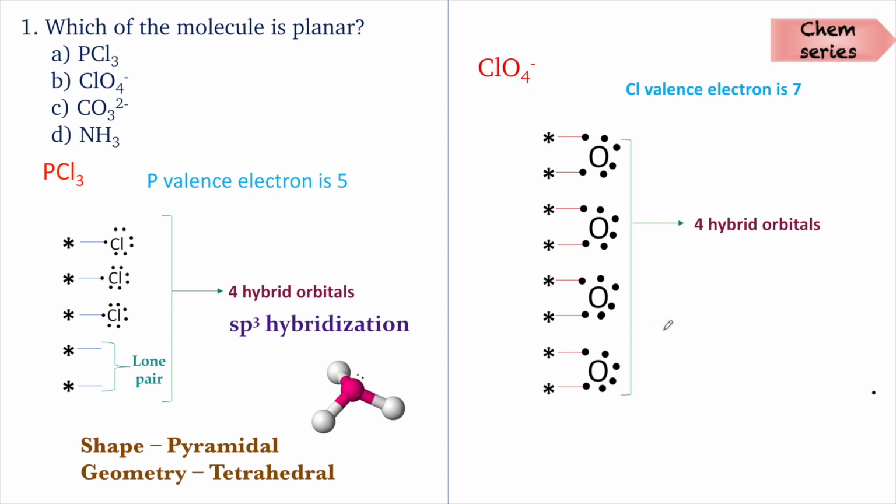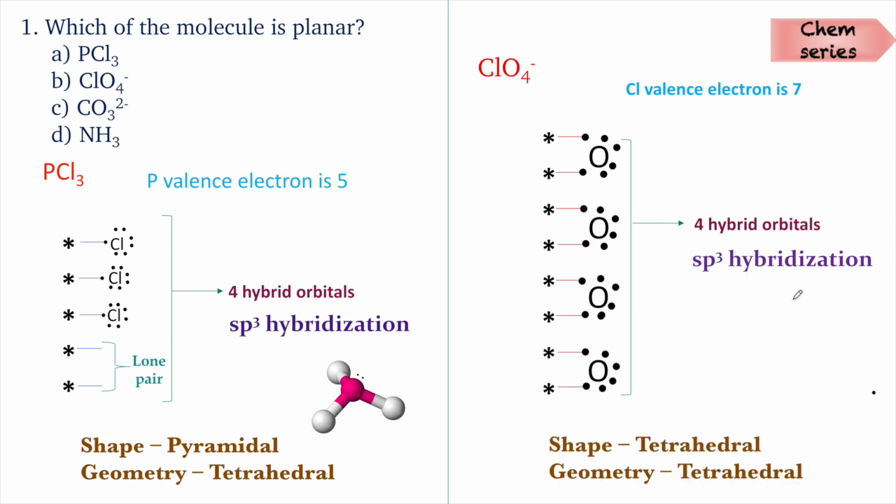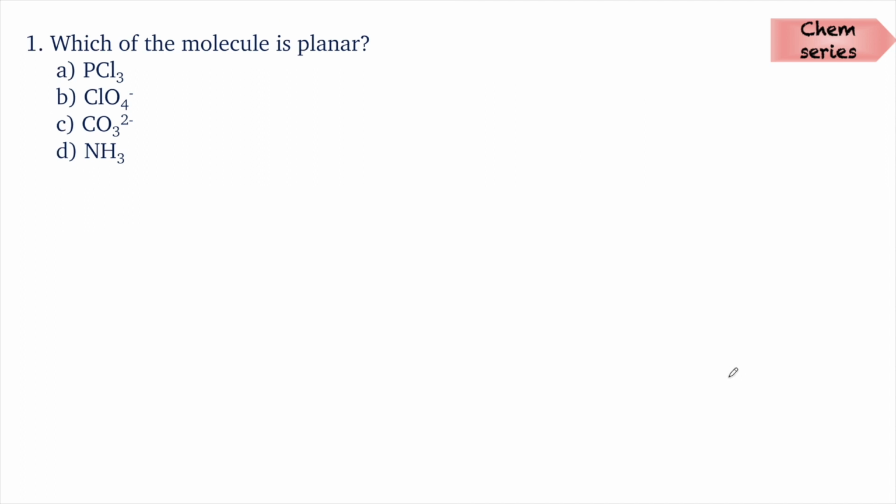So totally we have 4 hybrid orbitals, that is sp3 hybridization, and the geometry will be tetrahedral. Since there are no lone pairs, the shape will also be tetrahedral, and tetrahedral is not a planar molecule, it is not flat.